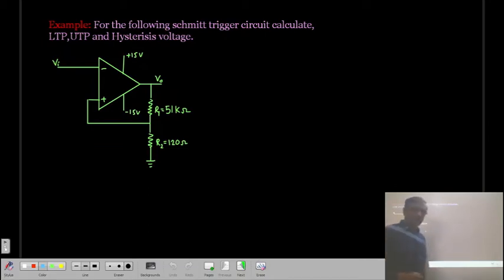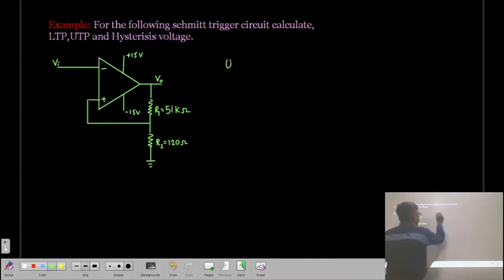Today we will see an example based on an inverting Schmitt trigger. For the following Schmitt trigger circuit, calculate the LTP, UTP and the hysteresis voltage. We have already derived the formula for the LTP and UTP.